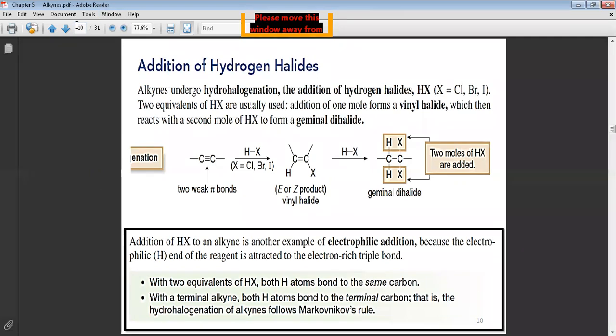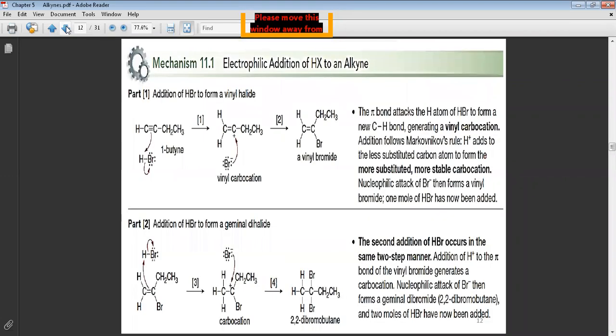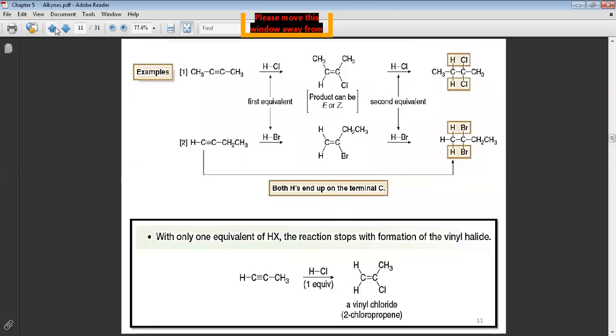This is the addition of the hydrogen halide and its mechanism. But we will take this one. Look, if you have this example, HCl, the H will be here and the Cl here, or the reverse, H here and Cl here.